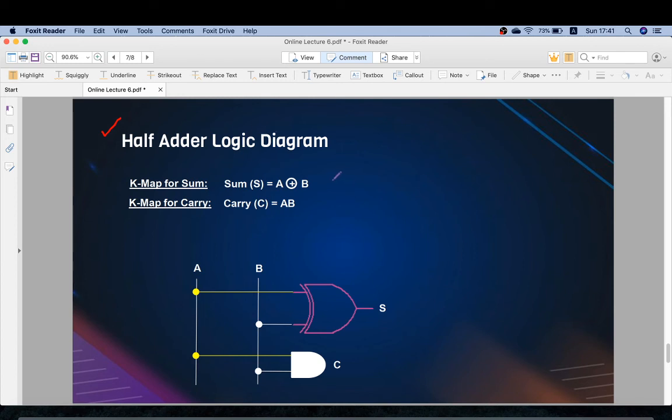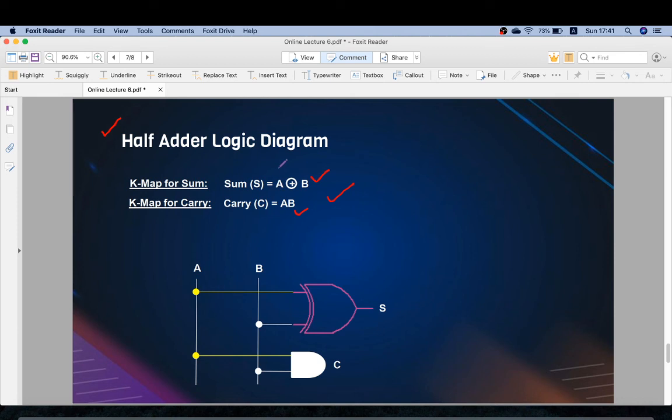So how will we make the diagram? We will make it from the K-map equation of sum and the K-map equation of carry. The equation for the sum S was A XOR B, and the equation for the carry C was AB.